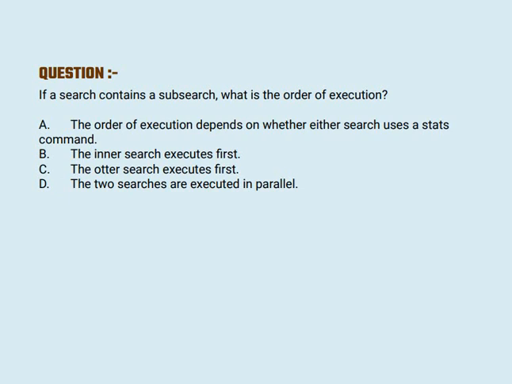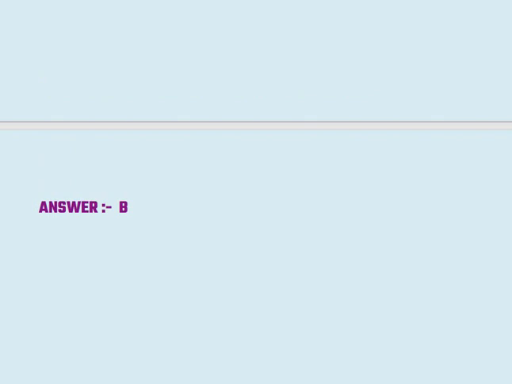Option B, the inner search executes first. Option C, the outer search executes first. And option D, the two searches are executed in parallel. The correct answer is option B.